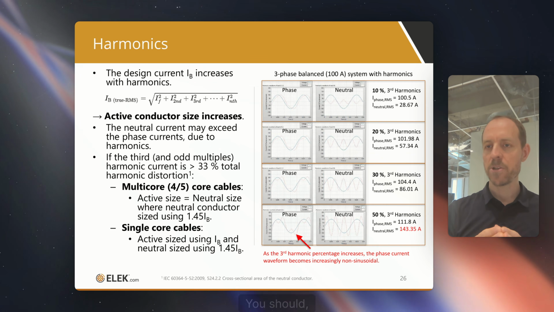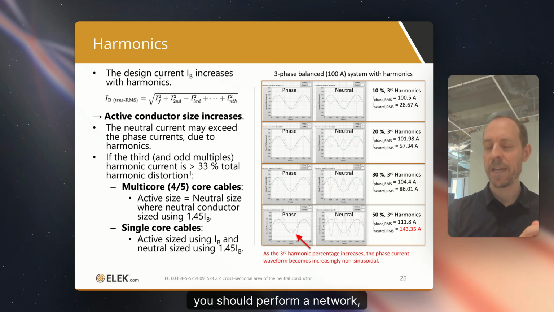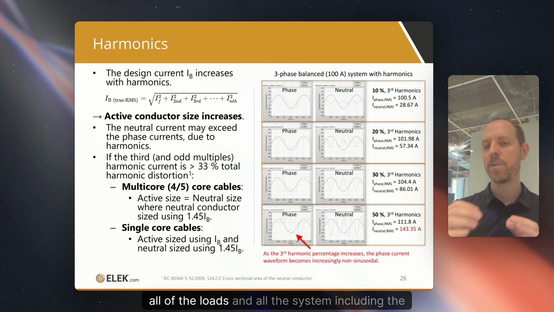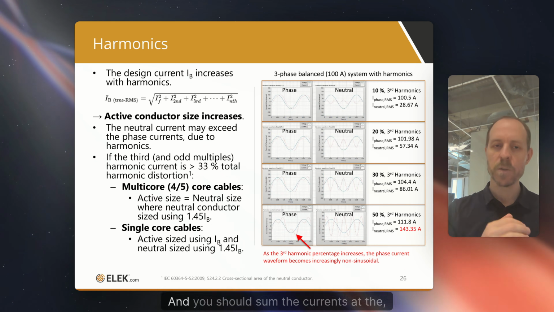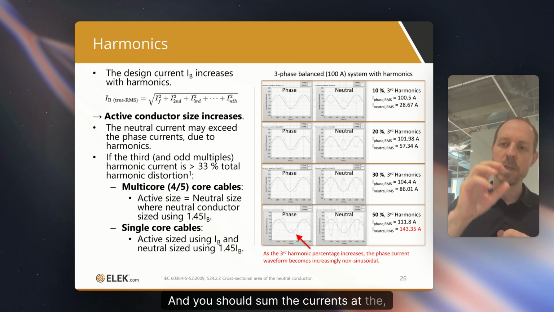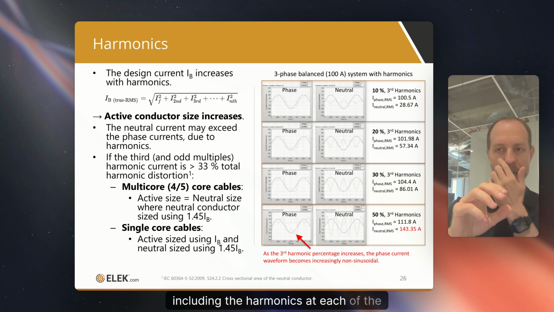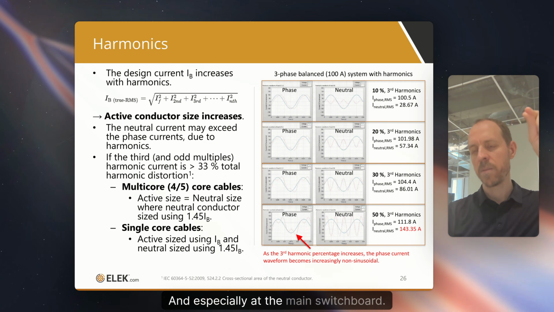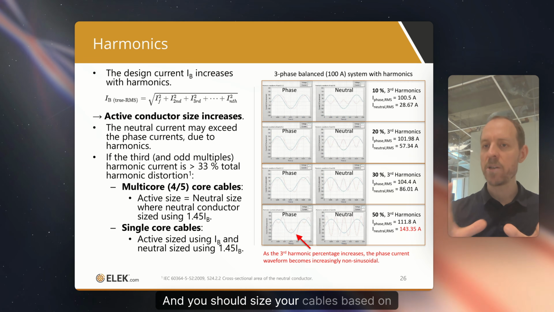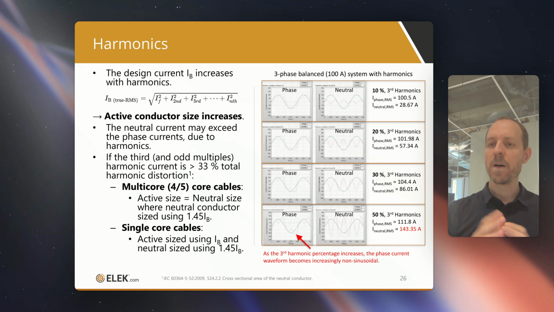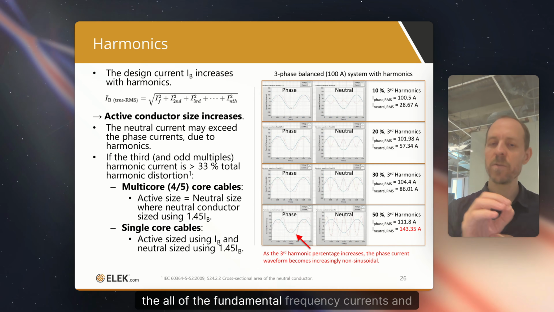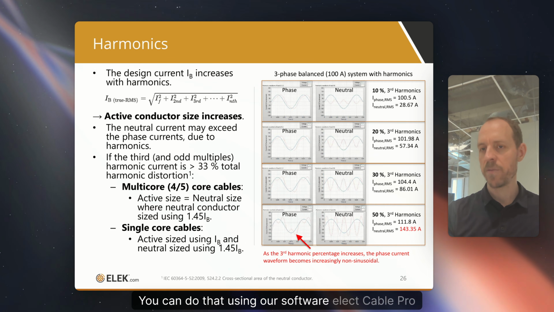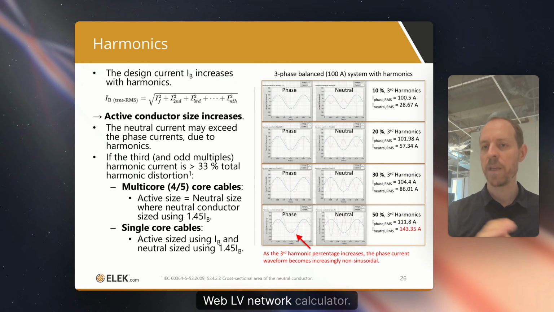To do that calculation, you should perform a low voltage network calculation involving all of the loads and all of the system, including the switchboards, and you should sum the currents including the harmonics at each of the switchboards as provided by the loads, and especially at the main switchboard. And you should size your cables based on all of the fundamental frequency currents and the harmonic currents. You can do that using our software, ELEK Cable Pro Web, our LV network calculator.